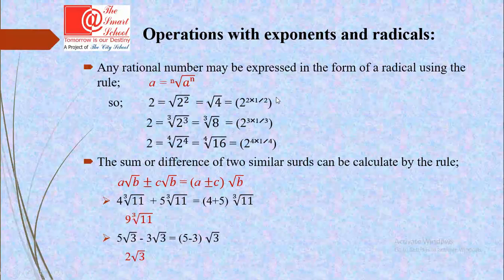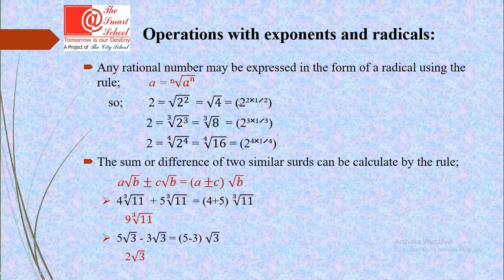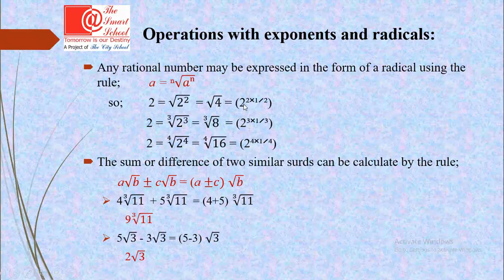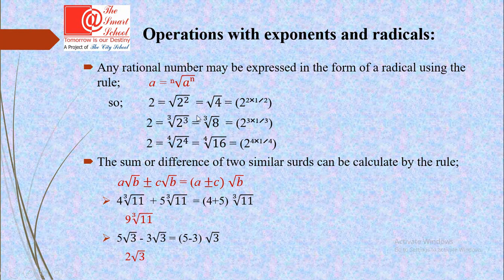This is an explanation. You don't have to write this in the question, but you can understand with the help of this that 2 square multiplied by 1 over 2, as we just learned about the numerator and denominator, is equal to 1. So 2 will remain 2. Here 3 over 3 will be equal to 2.